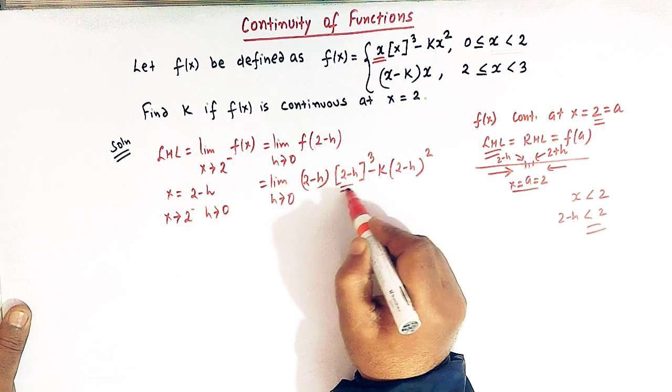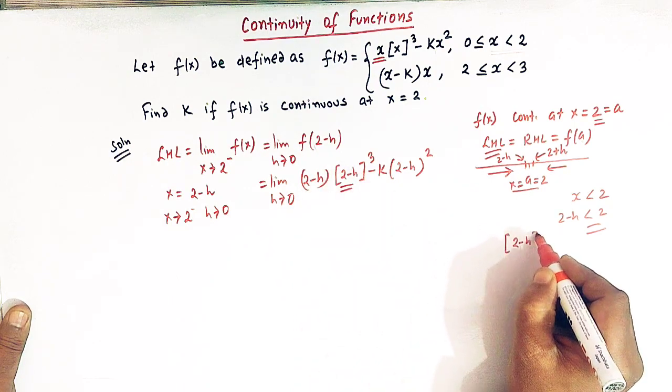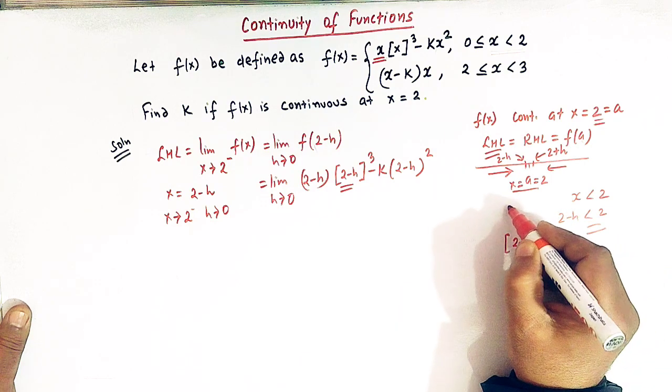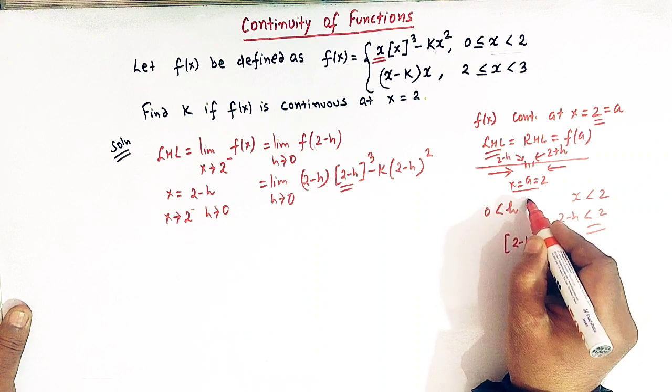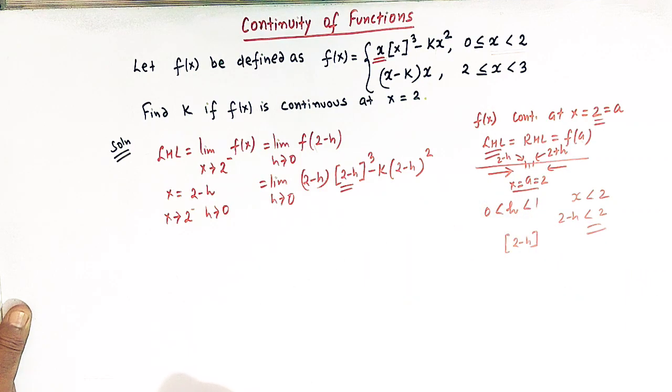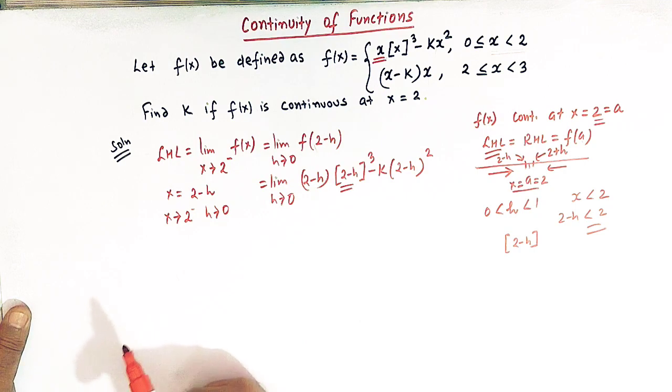Now see here we are having a term, the greatest integer of 2 minus h. Now see this quantity h is a positive quantity and it lies between 0 and 1. Now h is an infinitesimally small quantity.